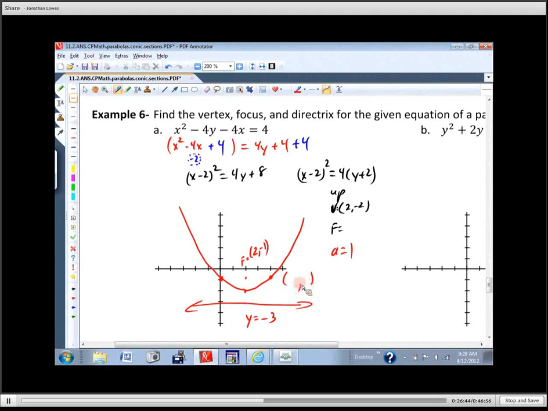Let's see, those endpoints, they shouldn't be too bad to label because they all have the same y coordinate as the focus. So that's a -1 and a -1. And I went 2 units forward, that'll put me at 4, and 2 units back, that'll put me at 0. Convincing?